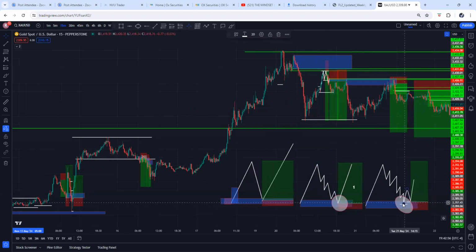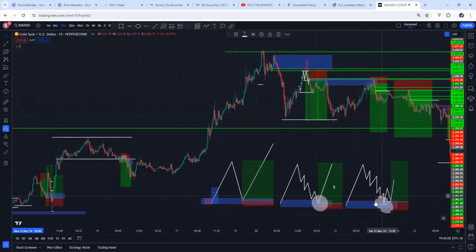Type 2, so we're still on entry model 1, which is via the order block, but this now is type 2, where you get a confirmation before you actually enter the market. What that confirmation would look like is when price trades into that particular area, we don't want to just enter at that point.